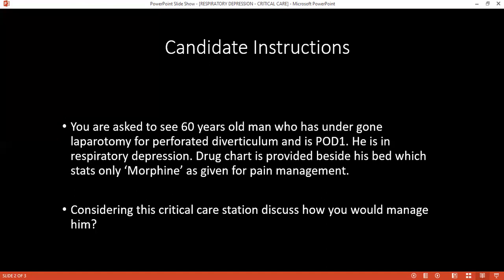Can you please explain, in case of respiratory acidosis, what is the mechanism in which carbon dioxide retention occurs rather than expulsion out of the body? Okay, because morphine is an opioid working on the mu receptor in the medulla oblongata in the brainstem, the same area as the respiratory center.